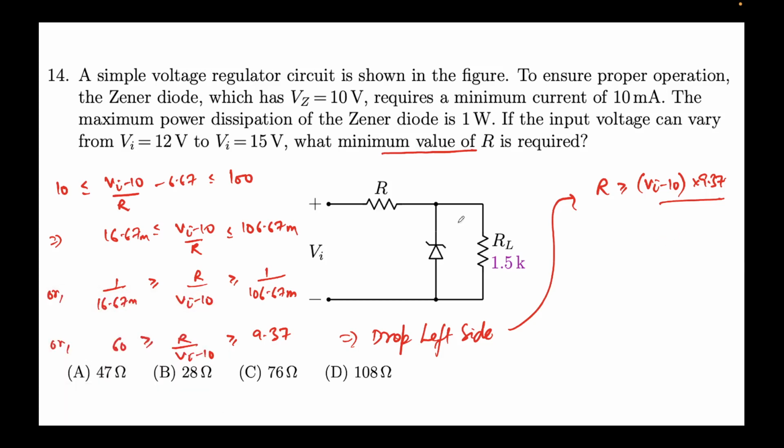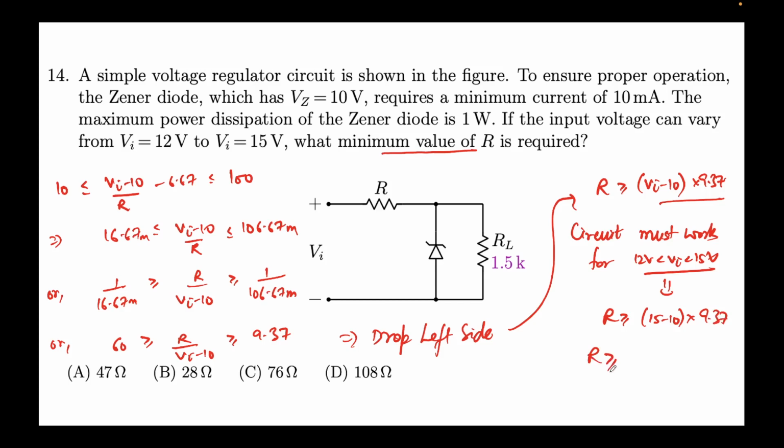What I mean is that the circuit must work for 12 volts less than Vi less than 15 volts. So this would mean that R should be greater than or equal to 15 minus 10 times 9.37. This will give me R greater than or equal to 9.37 times 5, which is 46.87 ohms, and which is the option A over here.